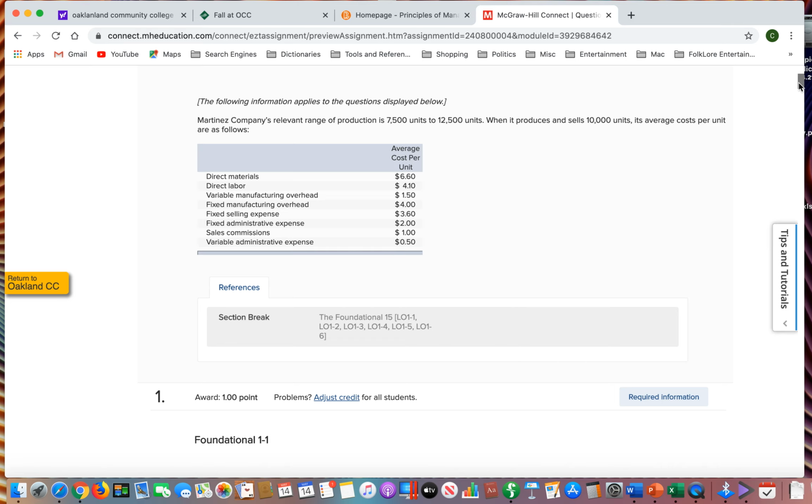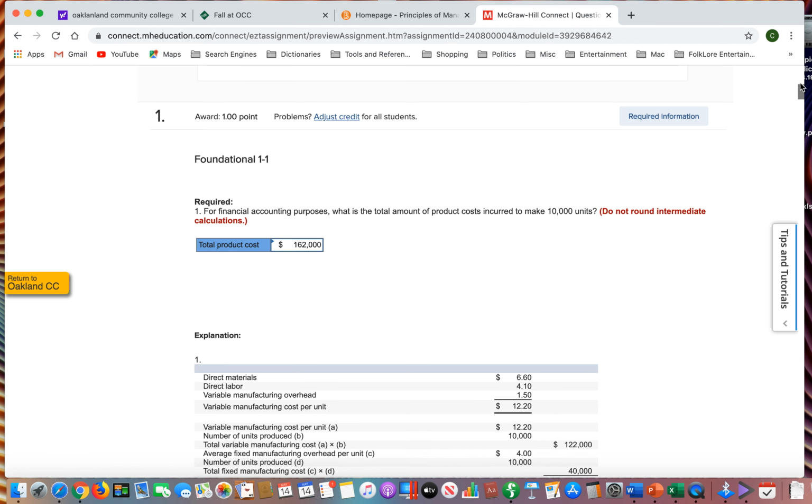And again, we're talking about a range of 7,500 to 12,500 units. That's the relevant range. And these are the unit costs at 10,000 units produced and sold. Okay? So let's keep those figures nearby so that we won't have to keep scrolling up to refer to them.